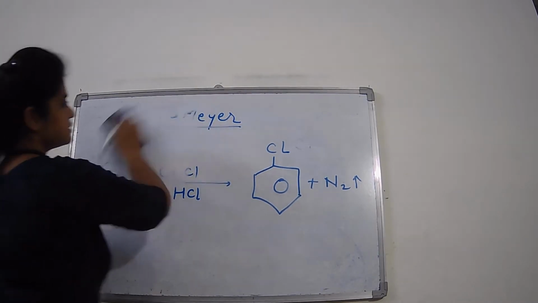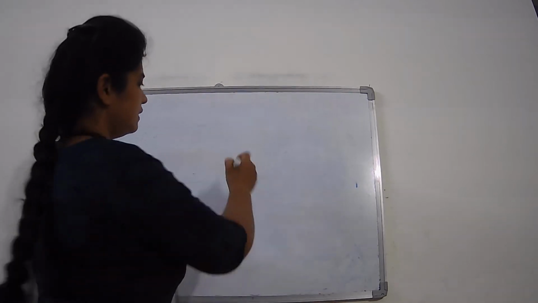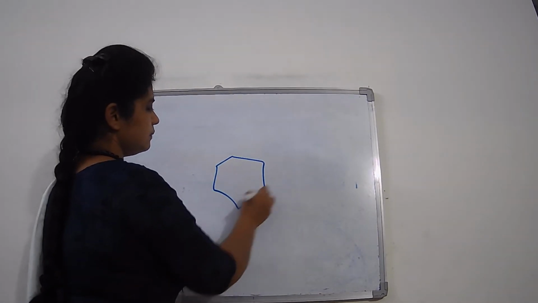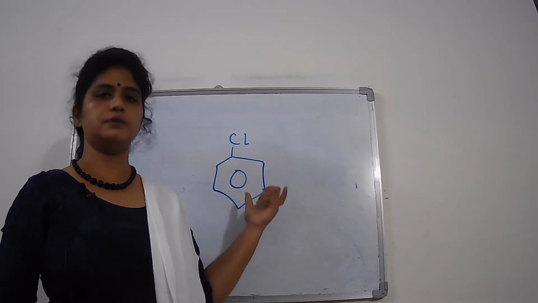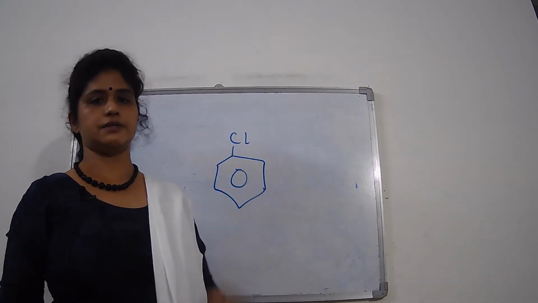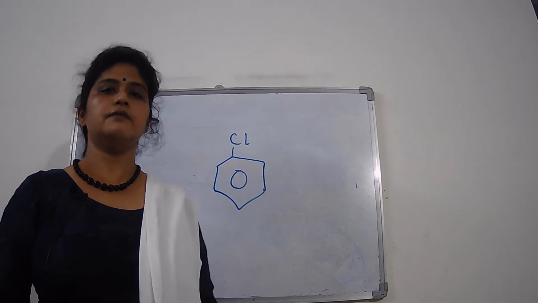Now the next topic is chemical reactions. Again, this is chlorobenzene. Chlorobenzene undergoes two types of substitution reaction. One is nucleophilic substitution reaction.